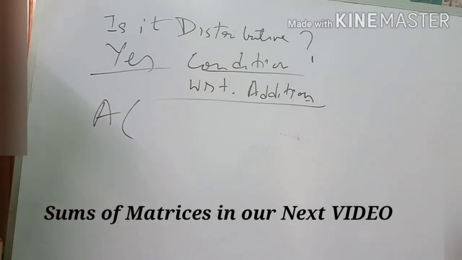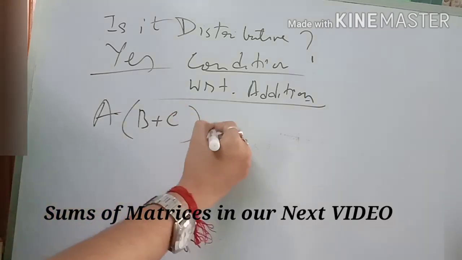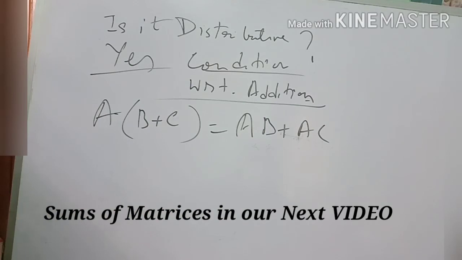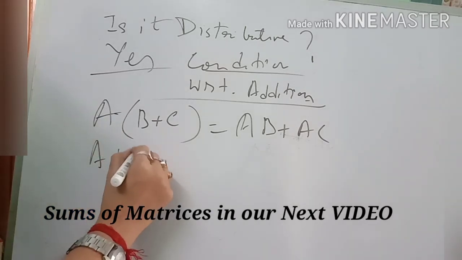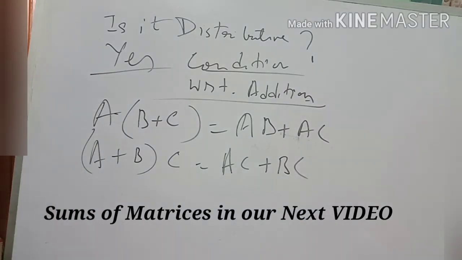A into (B plus C) is equal to A into B plus A into C. Next thing, (A plus B) into C, we are going to get AC plus BC. Clear? It is distributive with respect to addition. Clear, guys? We are going to do the sums in our next session.